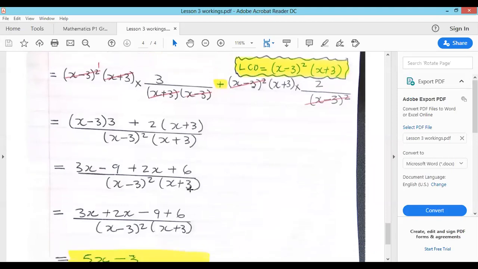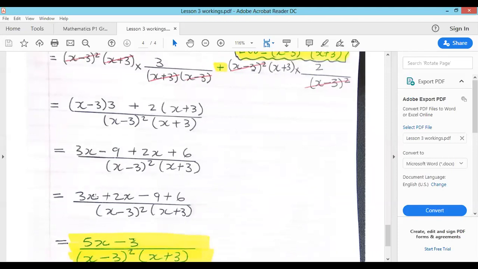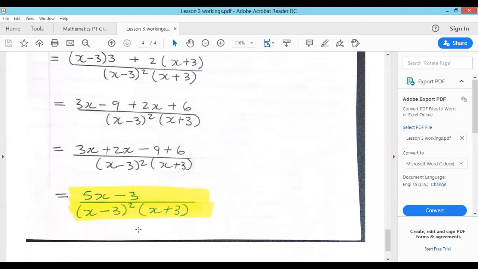Then you must keep putting your LCD as the denominator. Group all your x's and all your numbers together. 3x plus 2x is 5x, and negative 9 and 6 is negative 3. This is how we got the answer. I hope it makes sense again, guys.